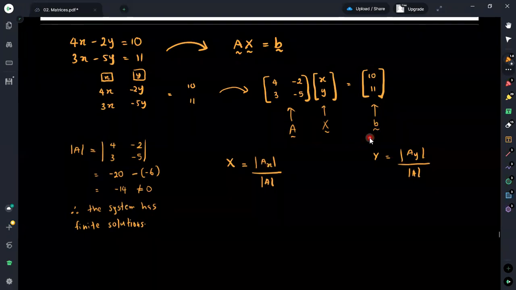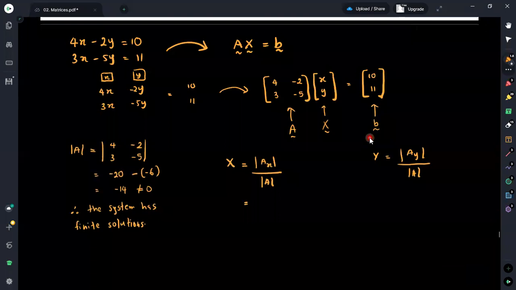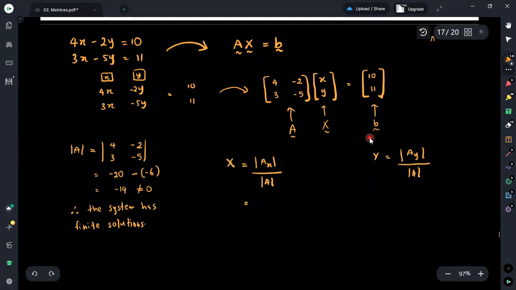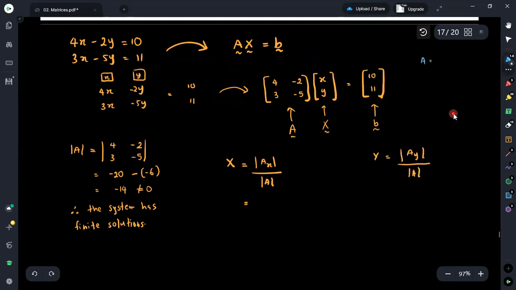Now we'll see how we can obtain the determinant of Ax. Prior to obtaining the determinant, we need to identify the matrix as well. To identify the matrix Ax, first I have identified the matrix A in this form. I have identified that matrix A is equal to 4, -2, 3 and -5.